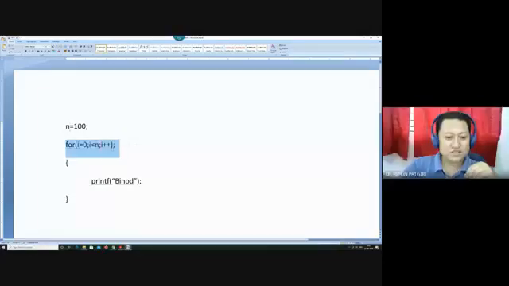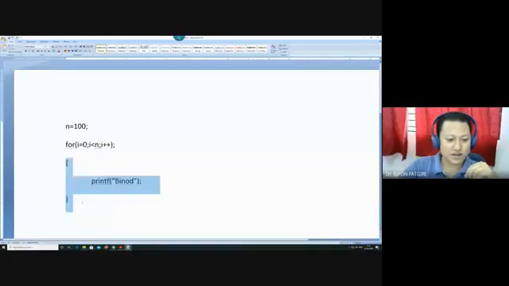So what you are running inside this loop is again and again up to n times, 100 times. But after that it will terminate. This block will start and Binod will be printed only one time.